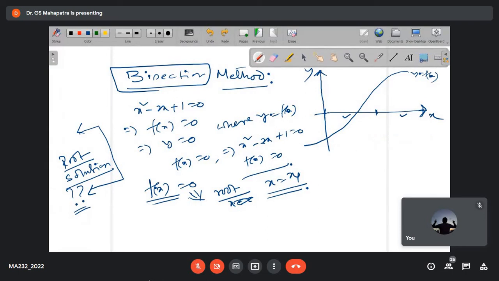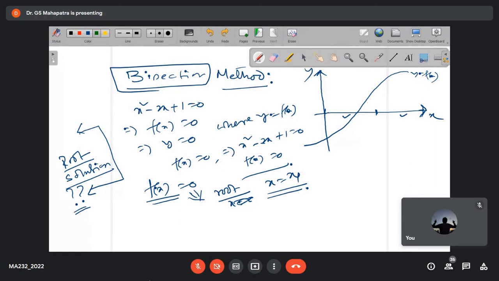Okay. So now you have one root, correct? For this curve, you have one root. So according to you, the curve crosses the x-axis.